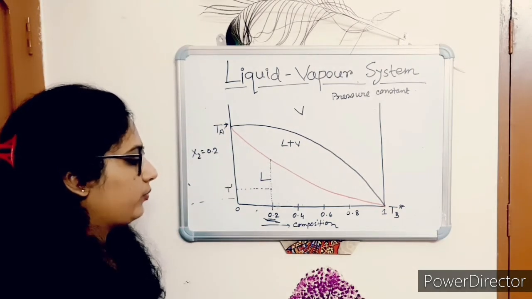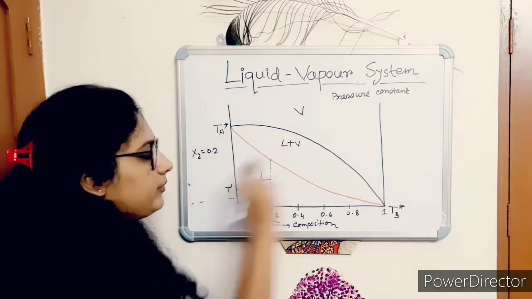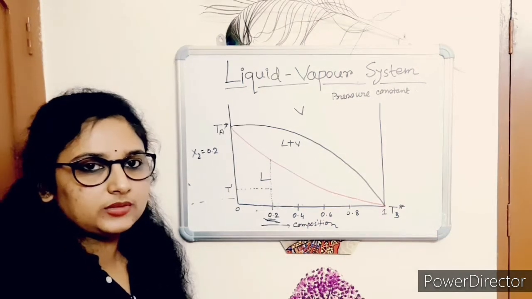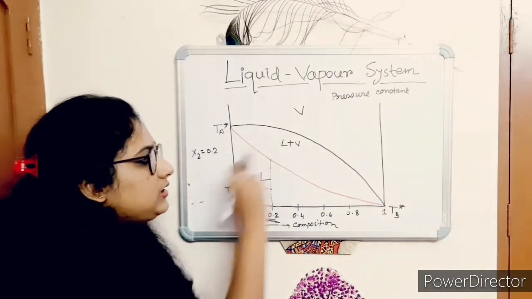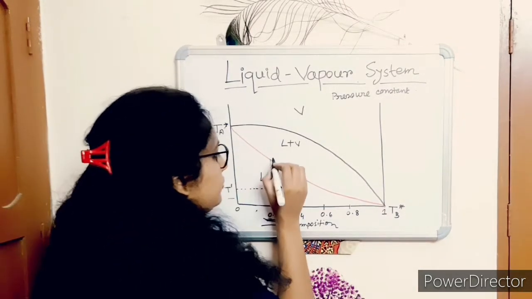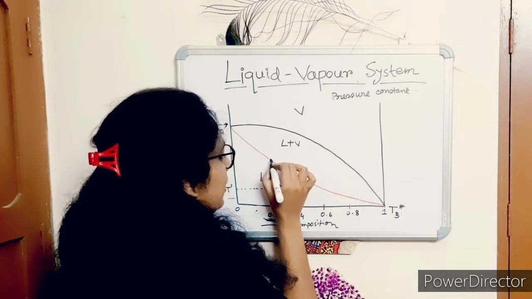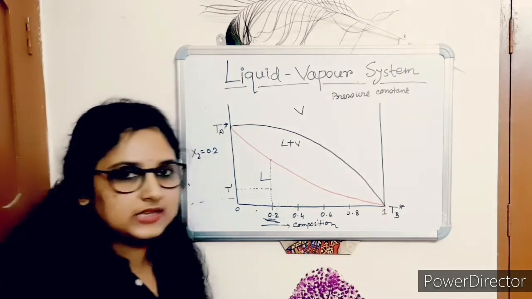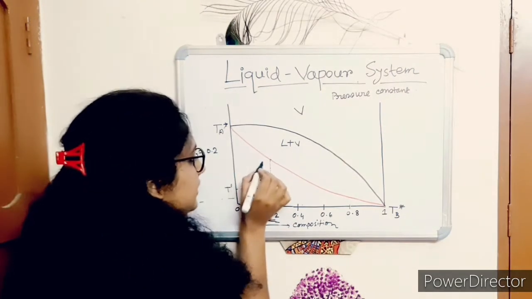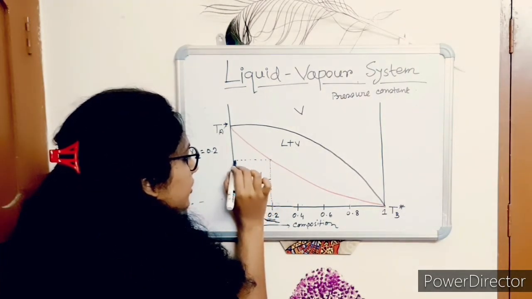Now what is the composition of B in the vapor state? You can find that by using the phase diagram. You have to draw a tie line from this curve to this curve. The tie line is an isothermal line. So what is the temperature, the boiling point of that mixture?